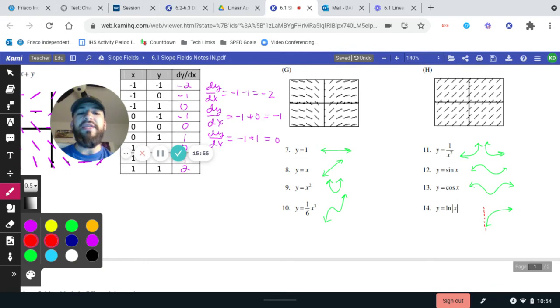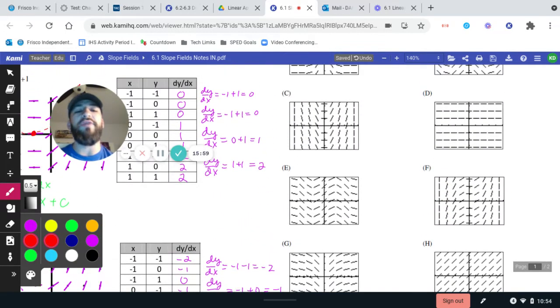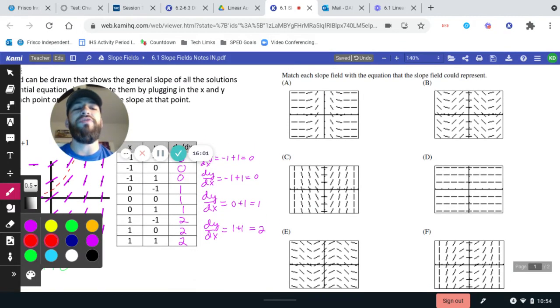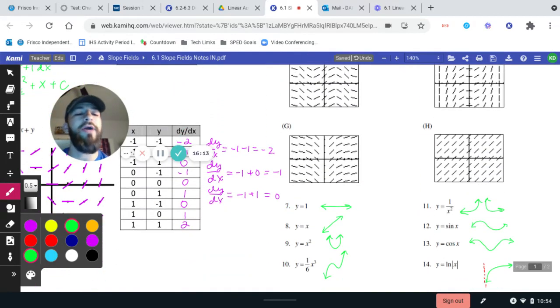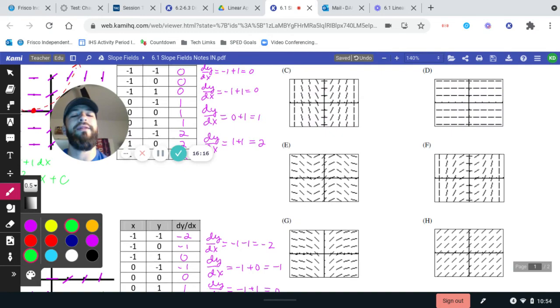Okay, so these are what these functions look like. So now you're taking each of these slope fields and you're matching up to the function shape it represents. So that A, we notice on A, we're kind of swooping up and swooping up. Which one does A look like? Well, A looks just like 11.